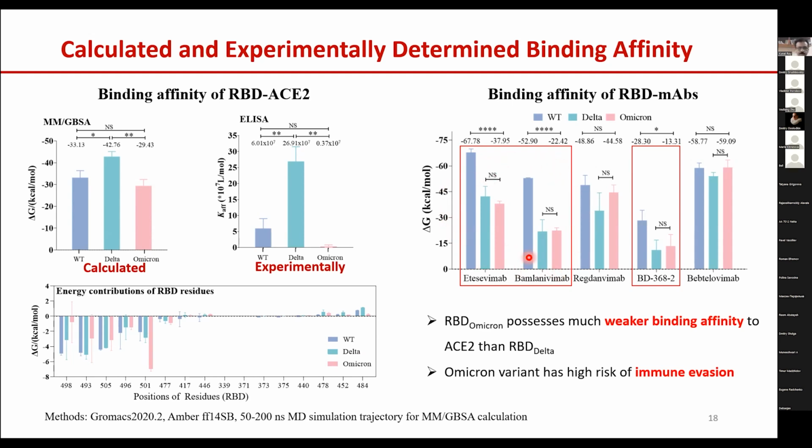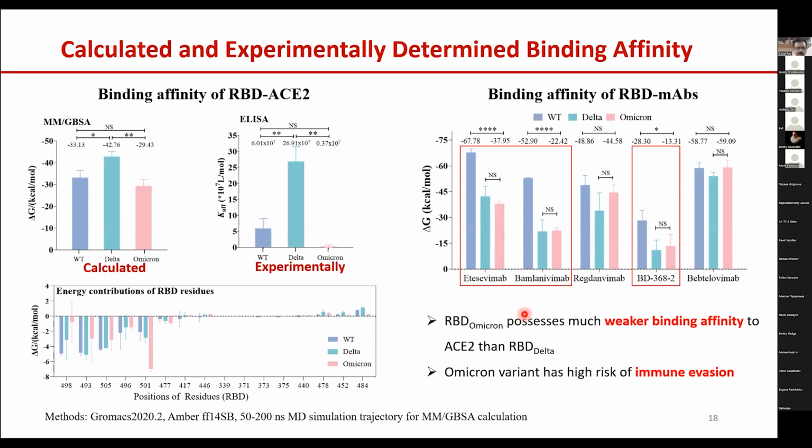Then we performed MD simulation for 5 monoclonal antibody systems, and we found that at least 3 monoclonal antibodies have a much weaker binding affinity to Omicron in comparison with the binding affinity of wild type.